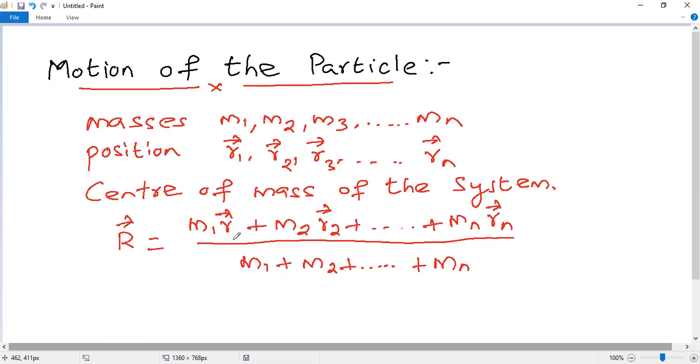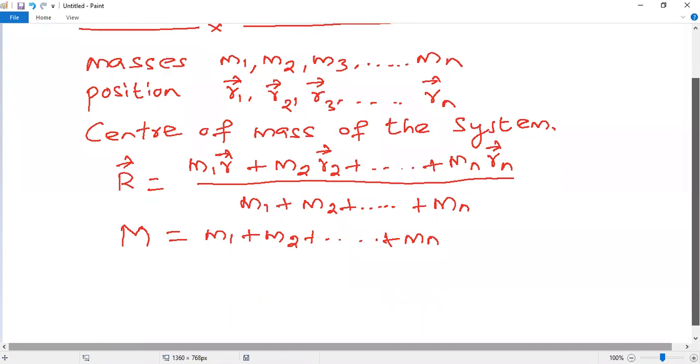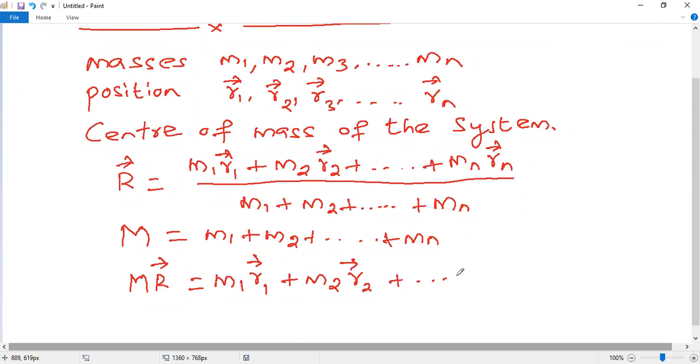Now I consider m1 plus m2 plus up to mn as capital M, the total mass of the system. Replacing the value, I get M R vector equal to m1 r1 vector plus m2 r2 vector plus up to mn rn vector. This is equation number 1.